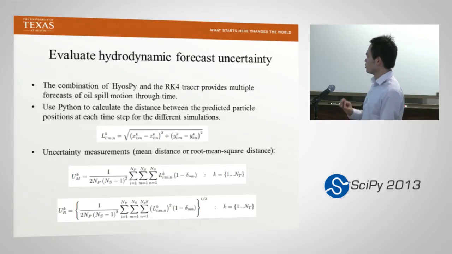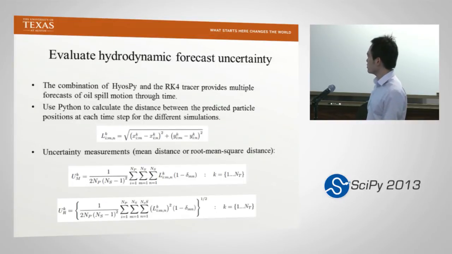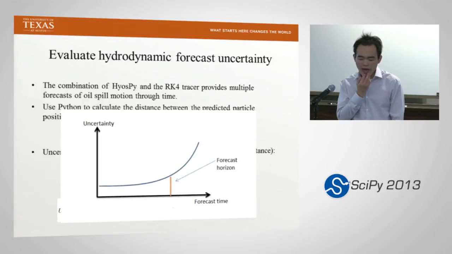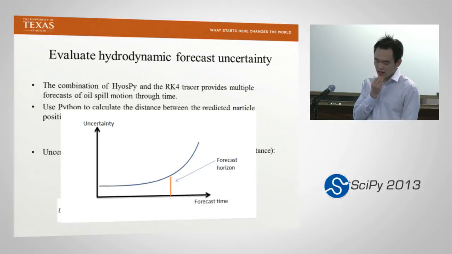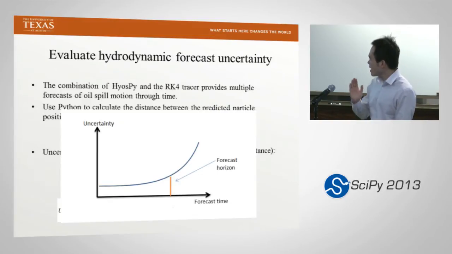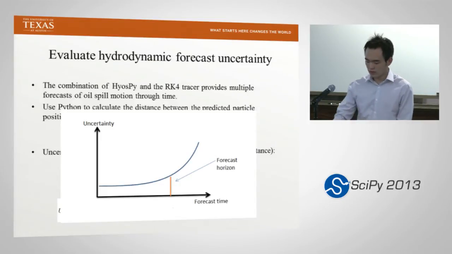Here we choose two very simple measurements, which are the mean distance and root mean square distance. And we're expecting to have a relationship like this. Before the forecast horizon, the uncertainty will increase very slowly, and right after the forecast horizon, the uncertainty will increase sharply.